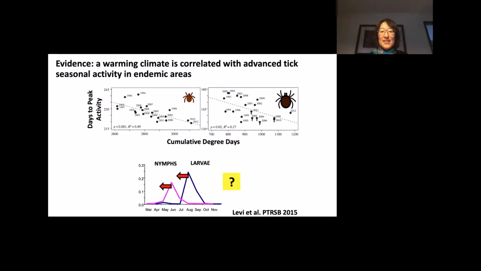However, it seems like the distance, or the timing, between the nymphs and larvae actually didn't change. So potentially there might not be as much of an effect of phenology on transmission in this case, unless that also has some interaction with the hosts.